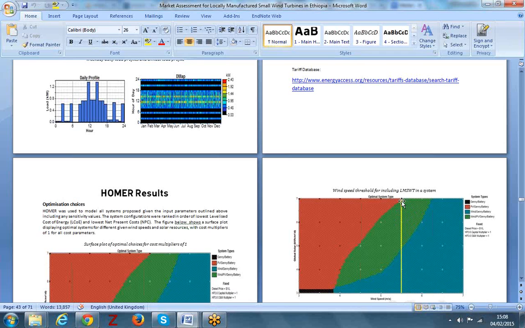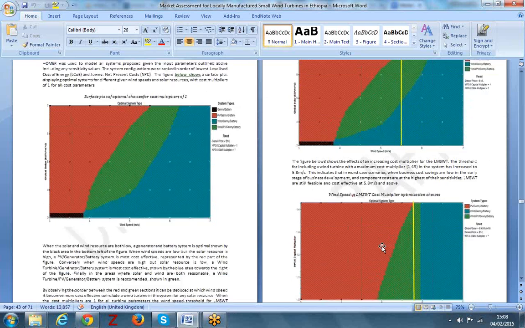It's quite a high wind speed. So it's worth looking at the global solar as well, because anything lower than 4, the wind turbine is never economical, just about. But anything in between, you need to look at the solar and the wind to find out which is best.